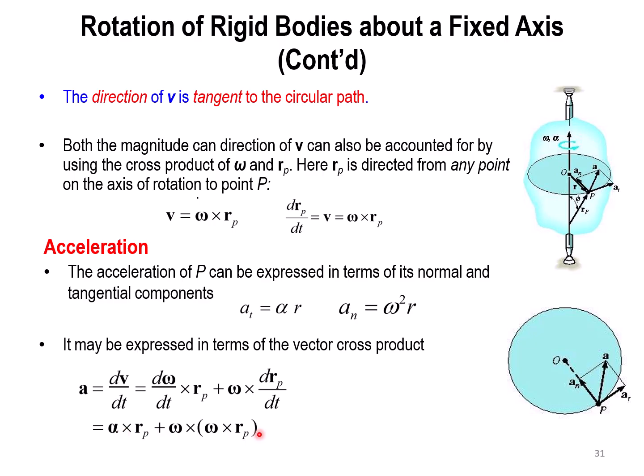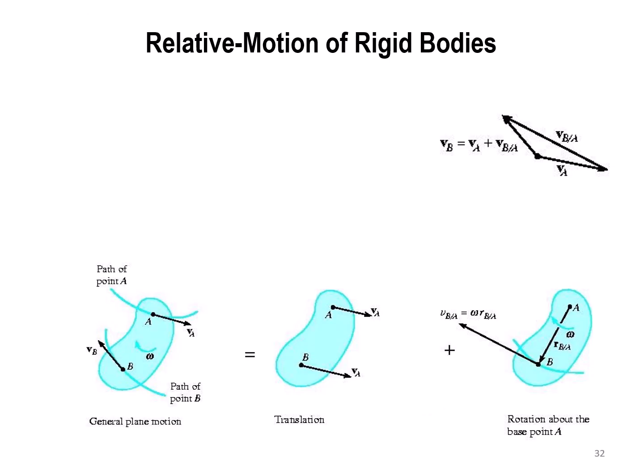We're going to have sets of i and j's, and then we're going to find the magnitude of it by the normal methods. So the acceleration is going to be the tangential plus the normal, and it's going to be the alpha cross r minus the omega square r. Now this is a scalar and this is a vector, and we're going to explain that more closely in the class.